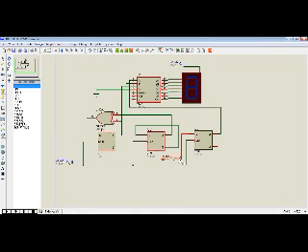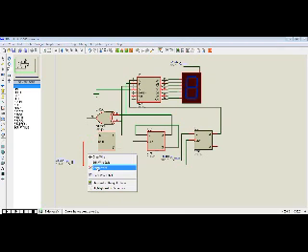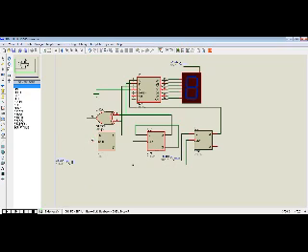Our DB is QB bar, that's okay. Then our DA is QA XOR QB. And probably check this connection. Okay, simulate.